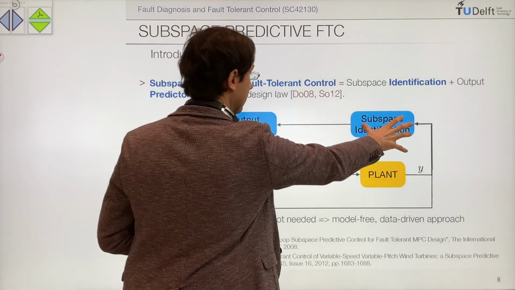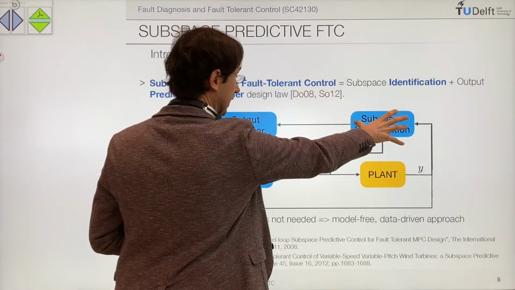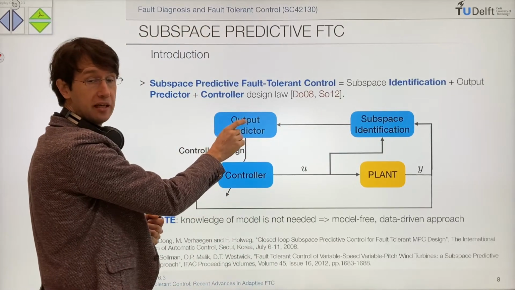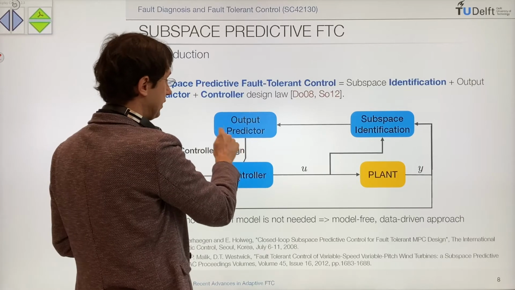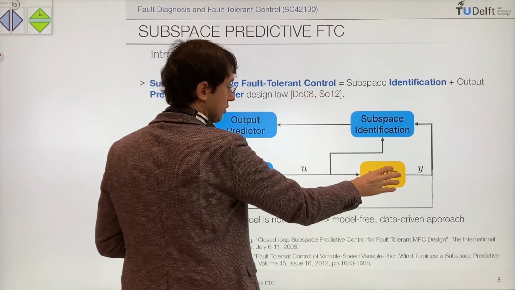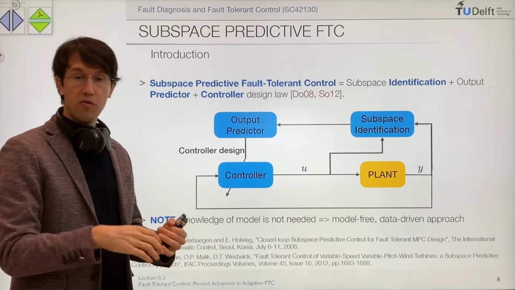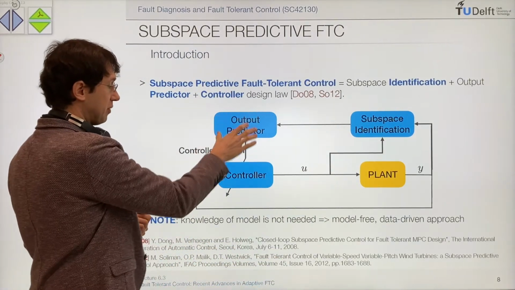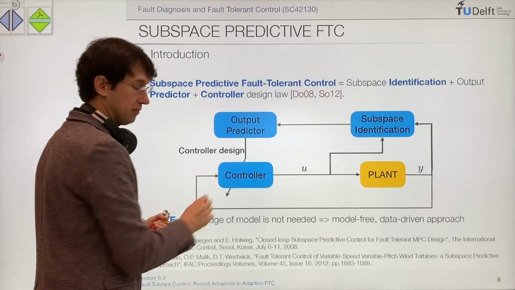This will identify online a model that is used here in this second step to build an output predictor. The role of this one is to predict what the plant is going to do over a time window in the future. And using this information, you can design a controller.